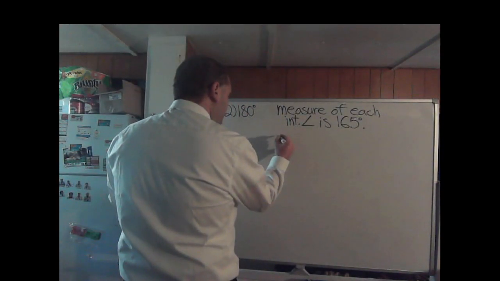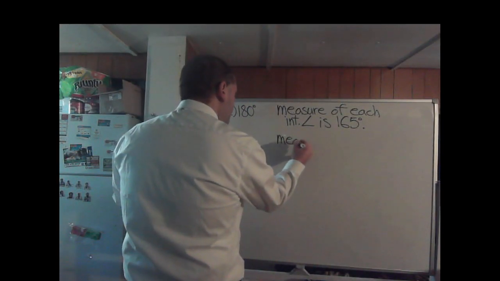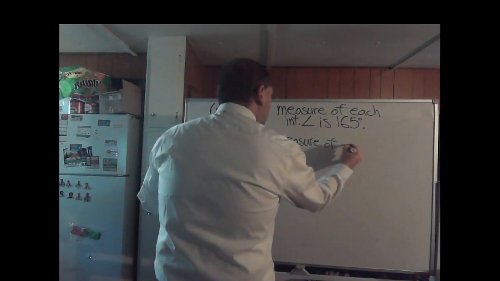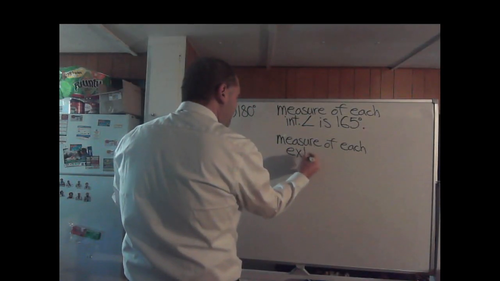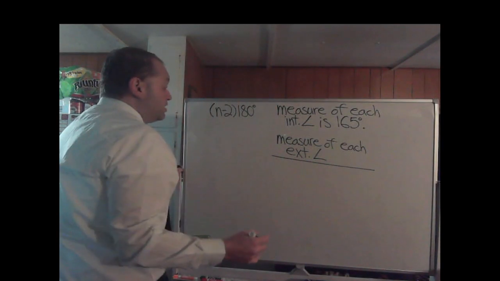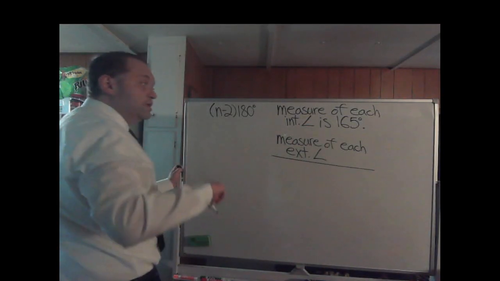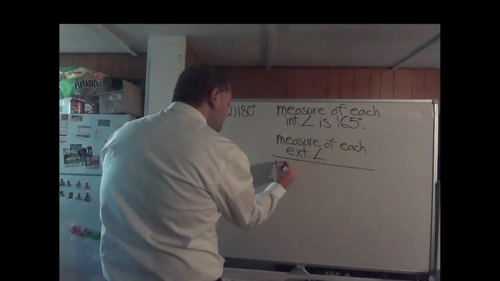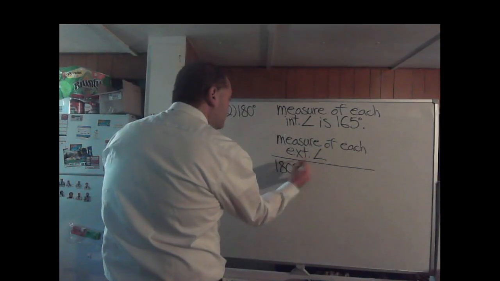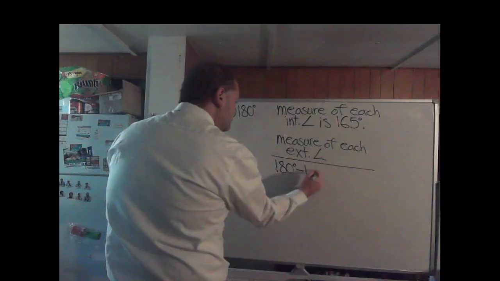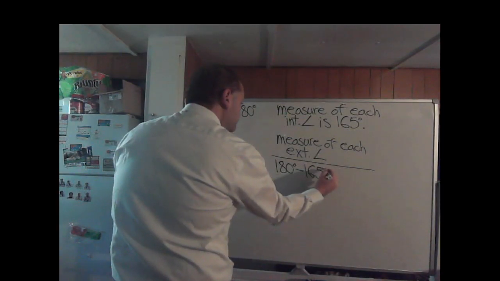So, let's look at the measure of each exterior angle. Let's go for that first. Well, we know the interior angle and the exterior angle, again, are supplementary angles. So all you have to do to find the measure of a single exterior angle is 180 degrees minus the 165 degrees.